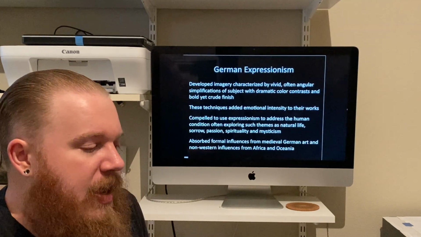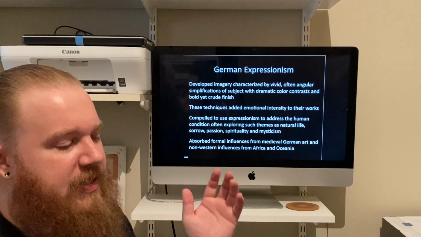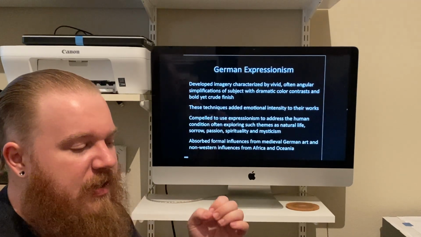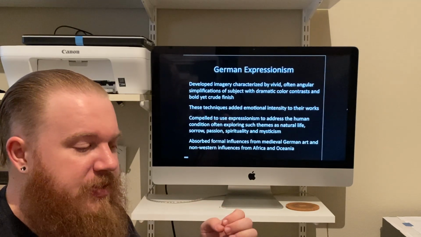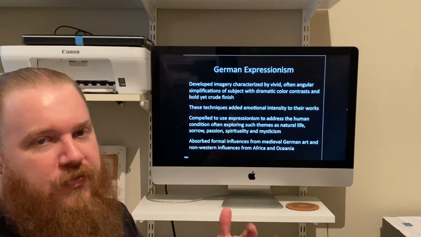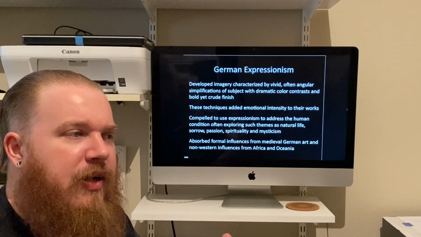And this is an experiment in developing imagery that's characterized by vivid, often angular simplifications of a subject with dramatic color contrast and bold yet crude finish. So once again, we're not trying to be representationally accurate.